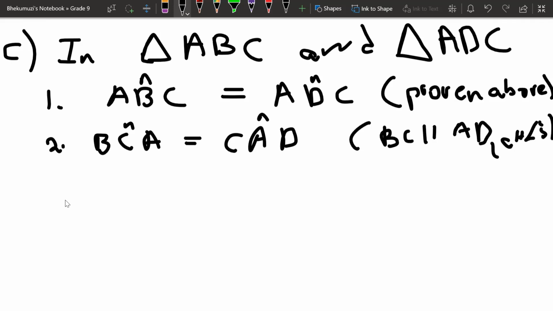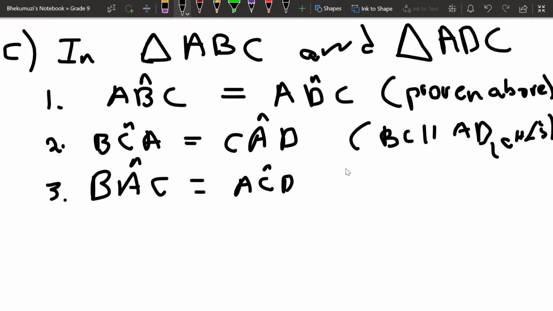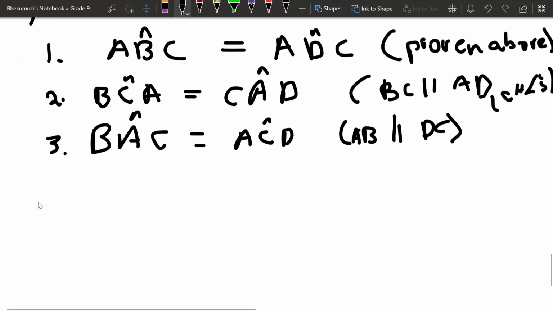And then we have the third one here, which is BAC, which is equal to ACD, and that would give you that we know AB, as a reason, is parallel to DC, right?